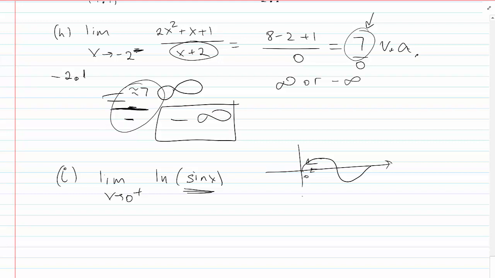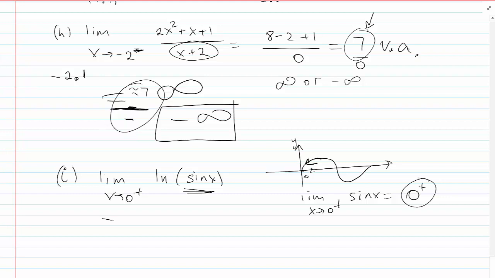As x approaches 0, the sine function approaches 0. But because it's from the right side, you see, it's from this side, the outputs are going to be positive, right? That means that you're getting positive results.